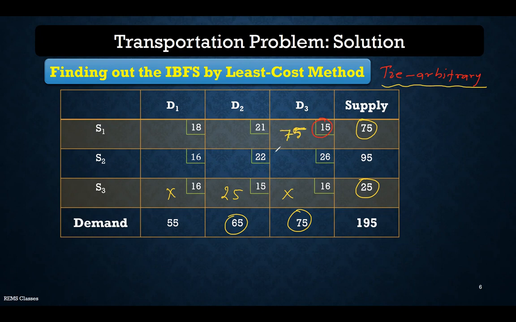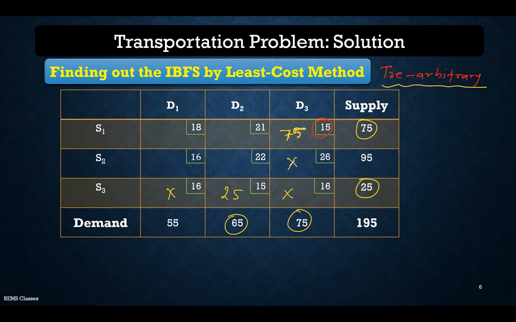We'll talk about that issue in the coming slides. So right now we are crossing this particular column. We have satisfied this column. There is a demand of 75 units and a supply of 75 units, so we have allocated 75 units in this cell.